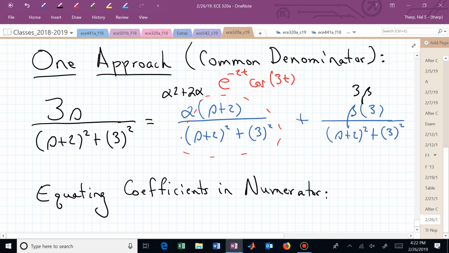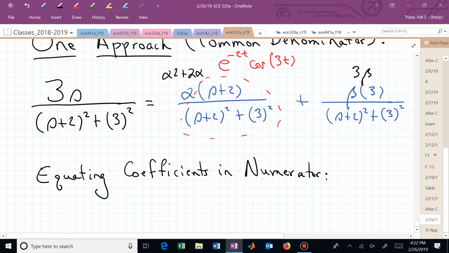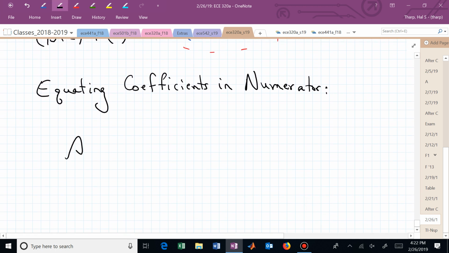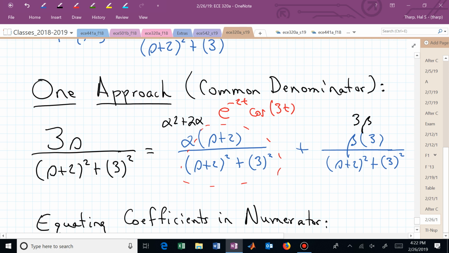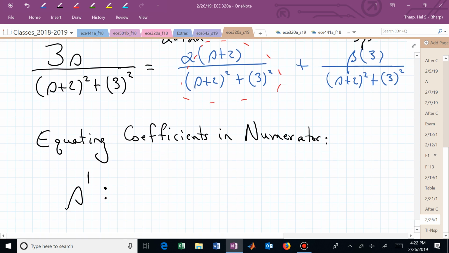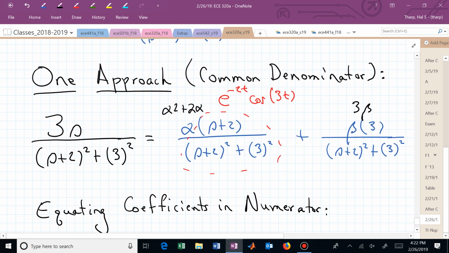And all of those combine to produce 3s. What I'm saying by equating coefficients, let's equate the coefficients associated with s to the first power. On the left-hand side, what do we have that scales s? 3. So we have 3 equaling whatever is on the right.